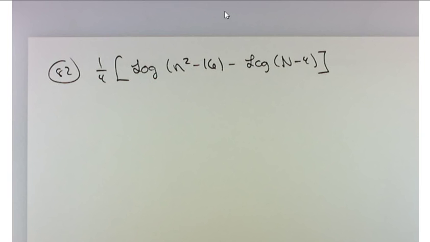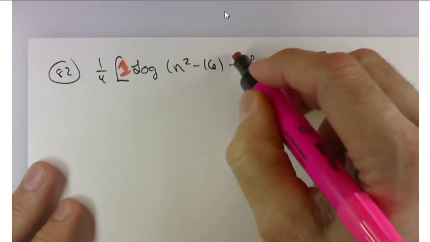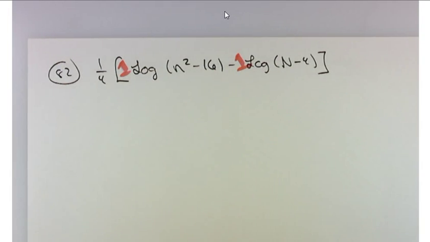Let's not distribute the 1/4. Let's work with inside the parentheses, because working with inside the parentheses, our coefficients here are already 1 and -1.